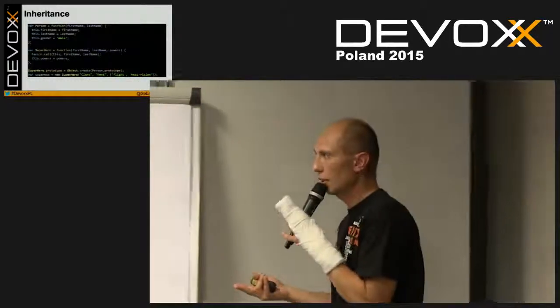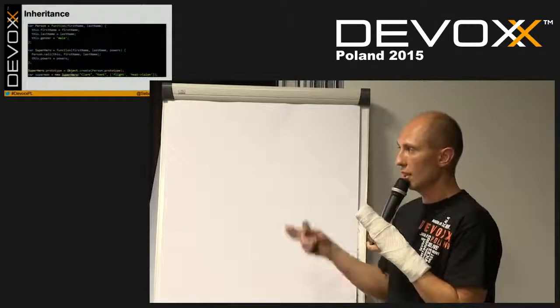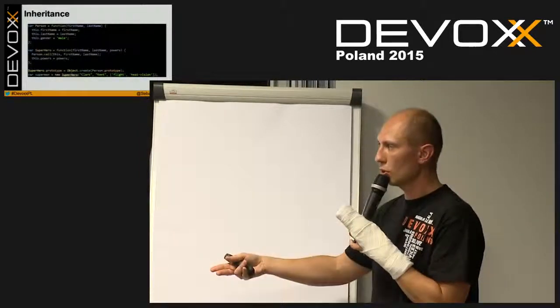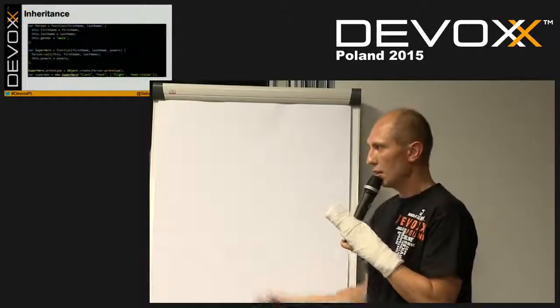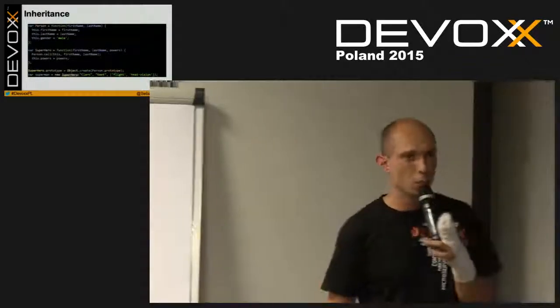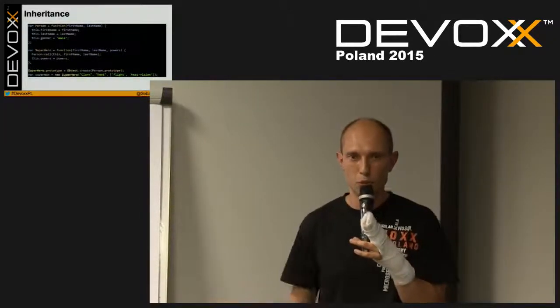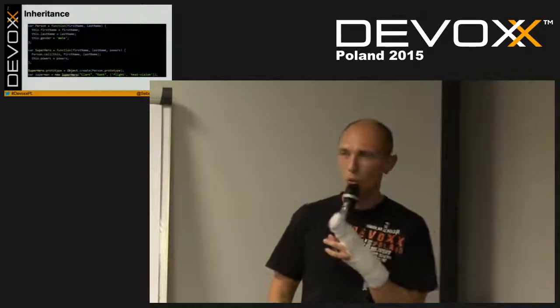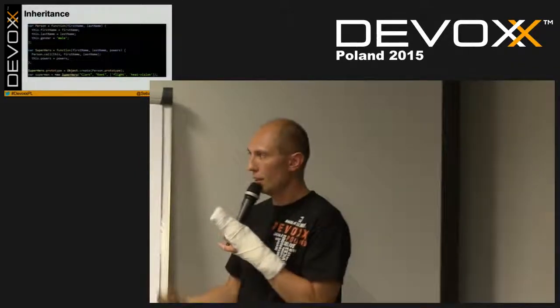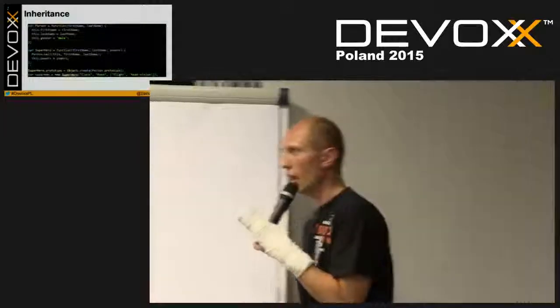Some people, I saw that case, make the mistake of just assigning that the superhero prototype is the person prototype. What is the problem with that? When we modify the superhero prototype, for example add a function so that our Superman will be able to fly, then the person will have the same opportunity.